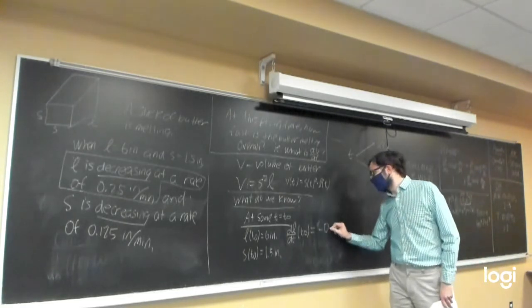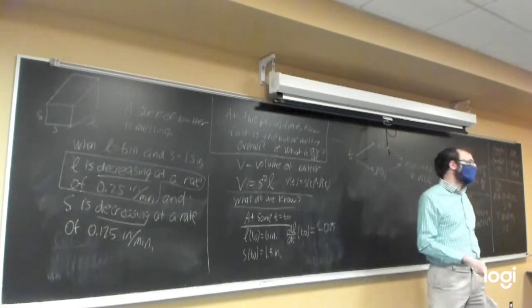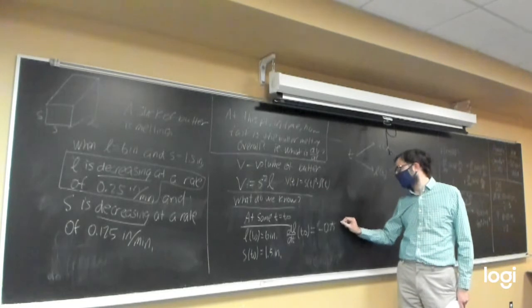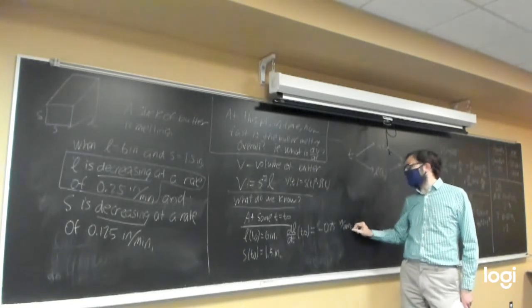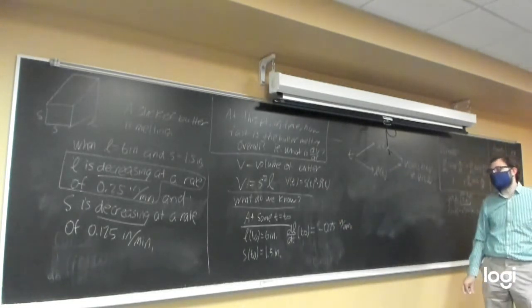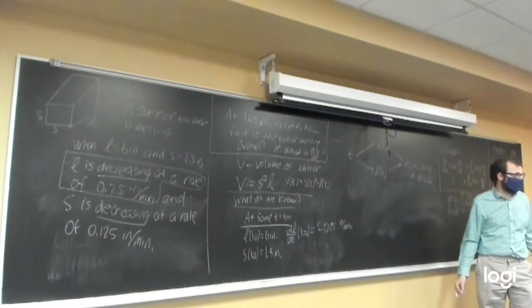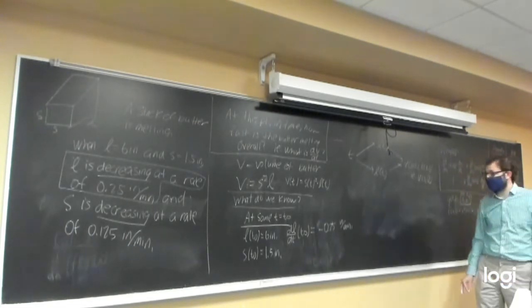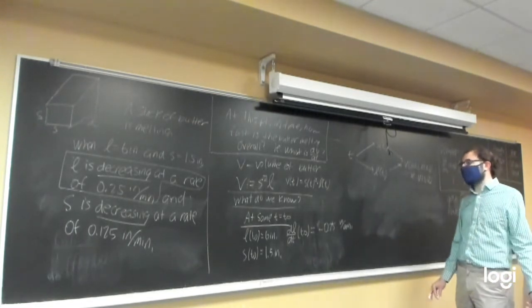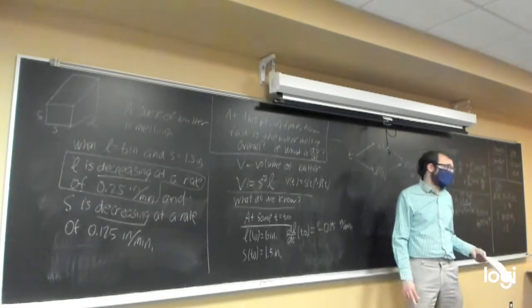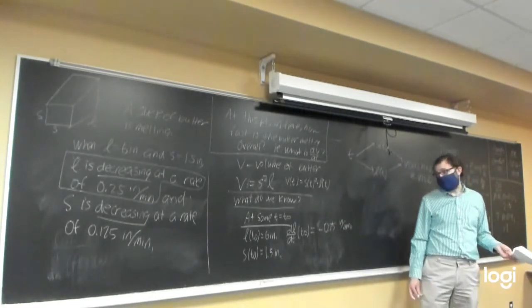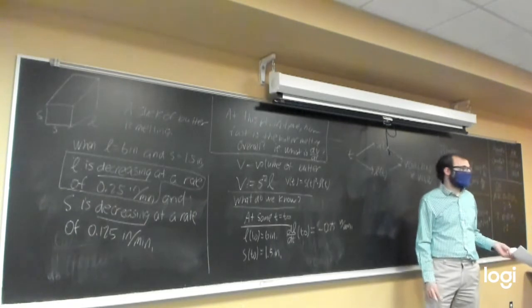Yeah, since L is going down at a rate of 0.25 inches per minute, we know dL/dt evaluated at t naught is going to be negative 0.25 inches per minute. We could say something about the derivative of L with respect to time at that point in time, which is that dL/dt came out to negative 0.25.